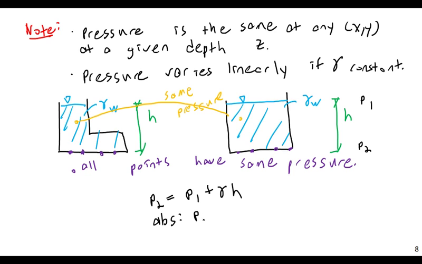So in terms of absolute pressure, P2, the absolute pressure at the bottom of the tank, is P atmospheric plus gamma H. If I do gauge pressure, we're measuring relative to atmospheric pressure, so the gauge pressure is simply equal to gamma H.